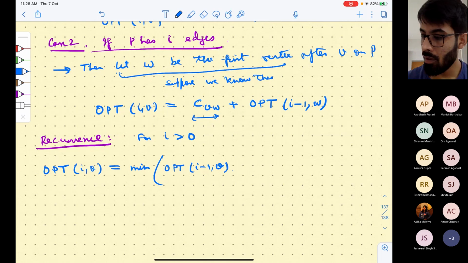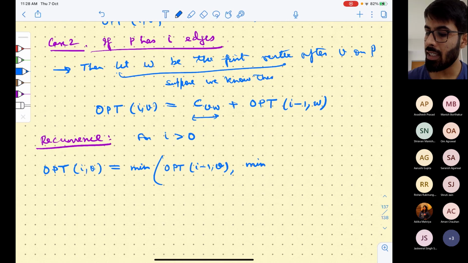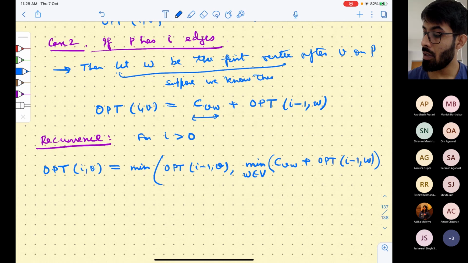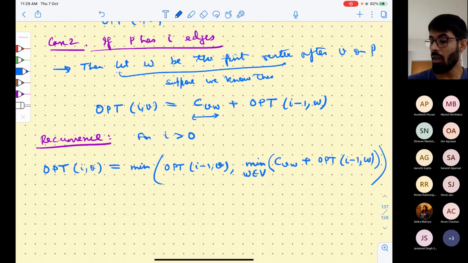We can take all the outgoing edges from v and all those adjacent vertices. So let's say the minimum over w belonging to V of c of v w plus opt of i minus 1 comma w, minimum over this whole quantity. Right. Is this clear?